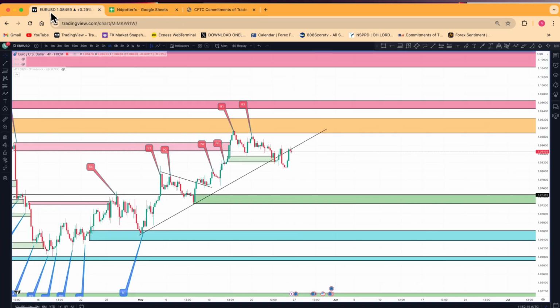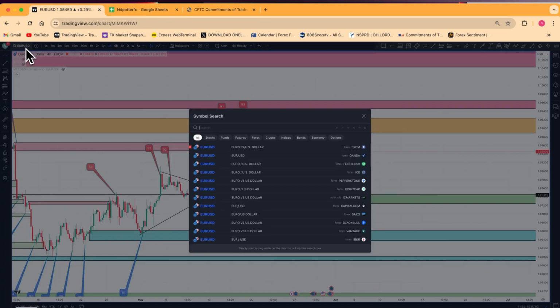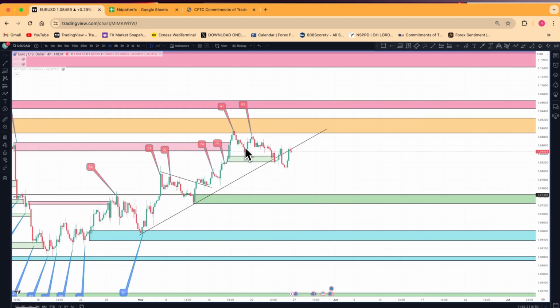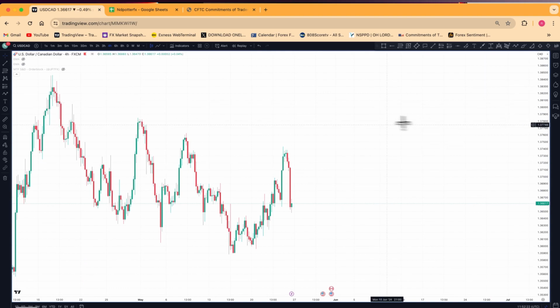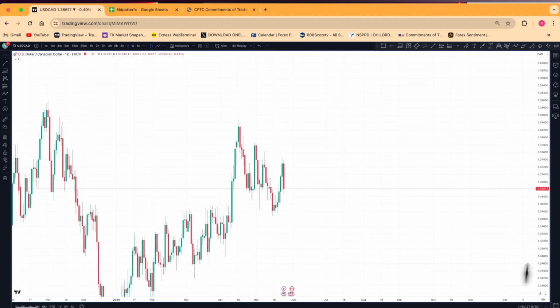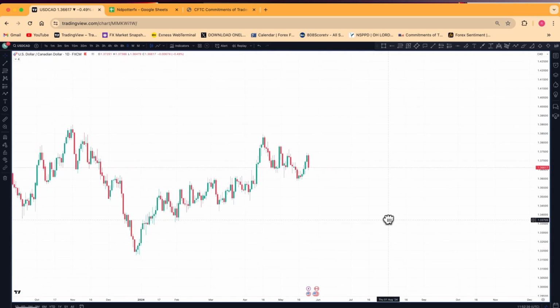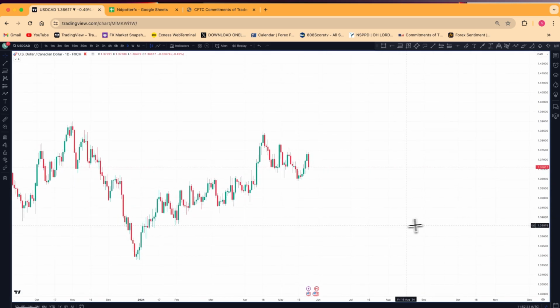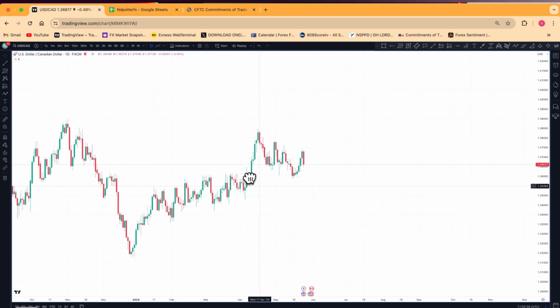Let me quickly open USDCAD chart. Okay, let me go to the daily chart. Okay, this is the daily chart on USDCAD here. So now if we put the short on long, which means that CAD is weak.